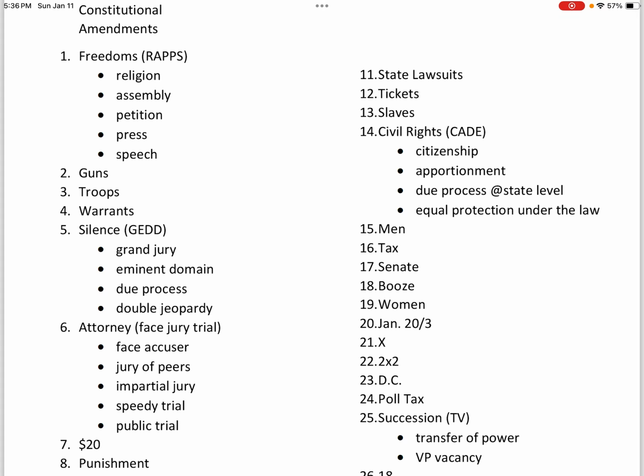Number 21 is an X. We just put X because it repealed the 18th Amendment. This is in 1933. So when the amendment on alcohol was passed, the 21st Amendment repealed it, but it did set the drinking age to 21.